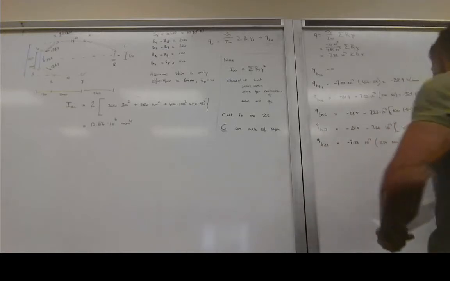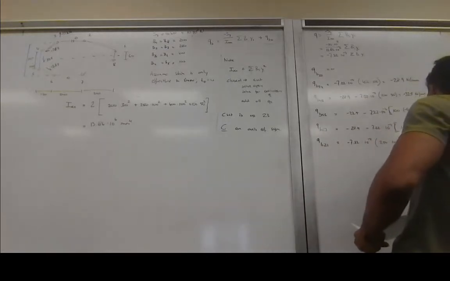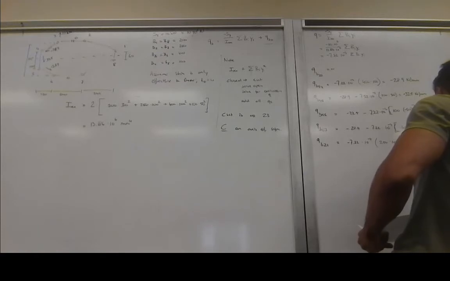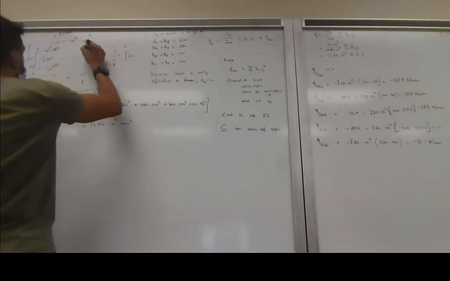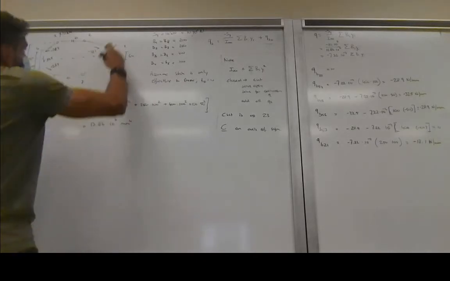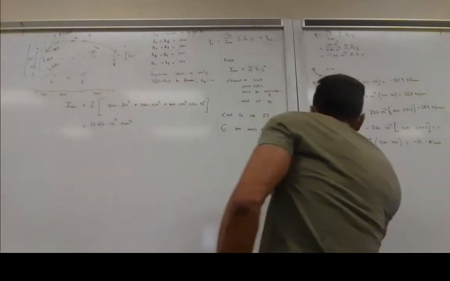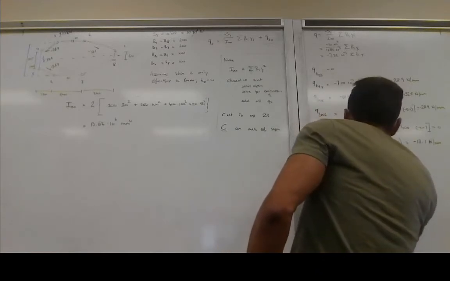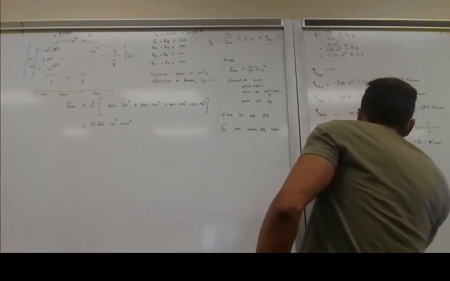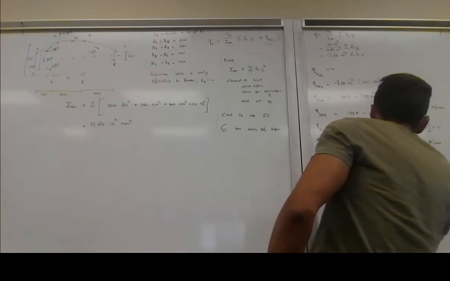And then we get negative 18.1 Newton millimeter. So we get here negative 18.1, and then we do 1/8. QB 1/8, negative 18.1, that's our start value, minus 7.22, 10 to the minus 4.